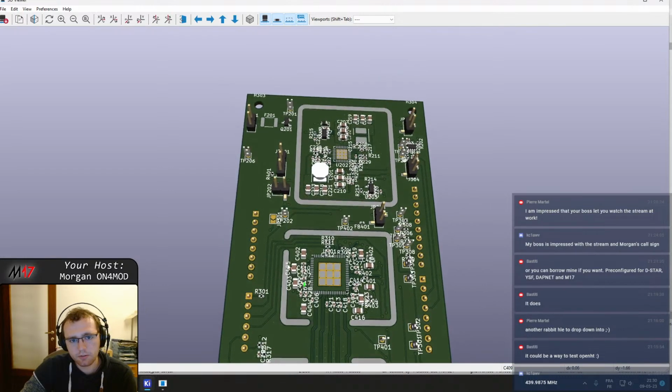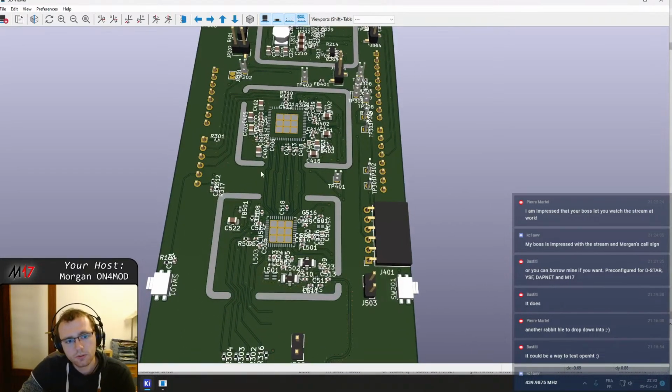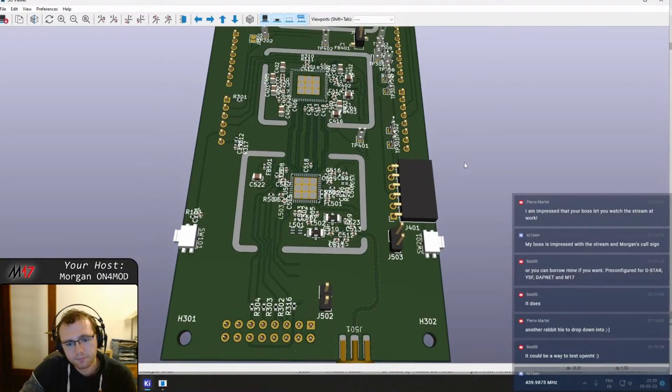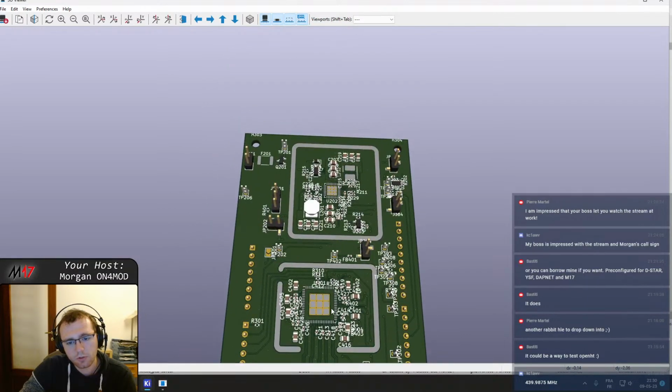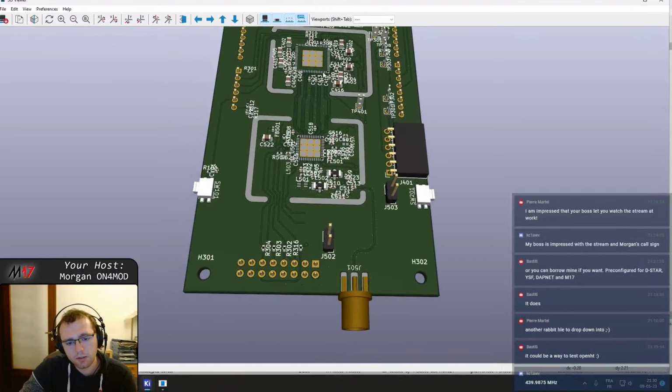Those two we need to do. And then place vias all around the board, and then the silkscreen, and then that will be pretty much it, I think.